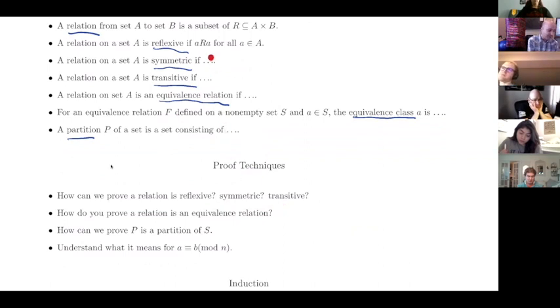If you've got the definitions handy, the definitions should indicate what you need to do. And how do we prove something is an equivalence relation? How can we prove something is a partition? We've been working with this mod stuff that would be good to be familiar with. And again, if you write out the definition of a partition, that's going to help you figure out how you prove something is a partition.